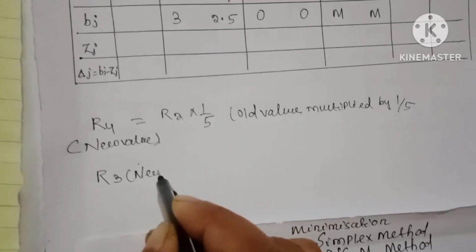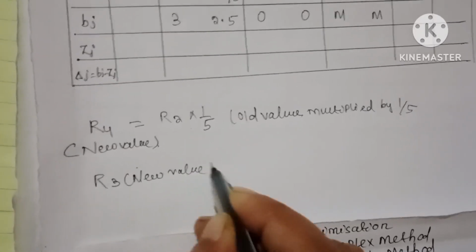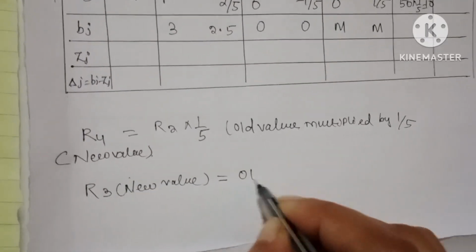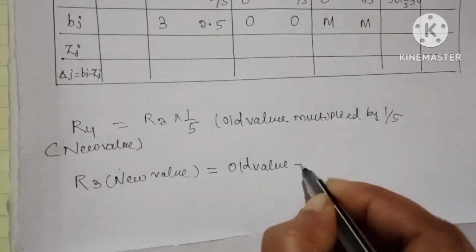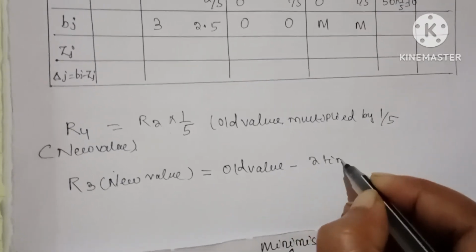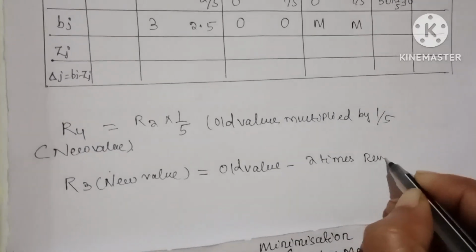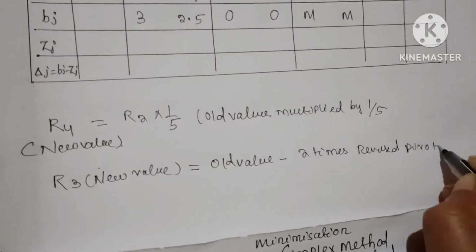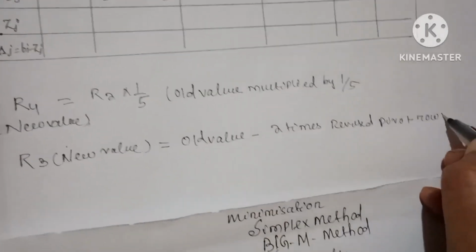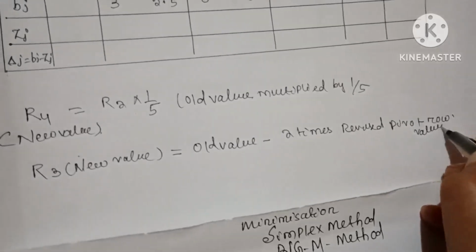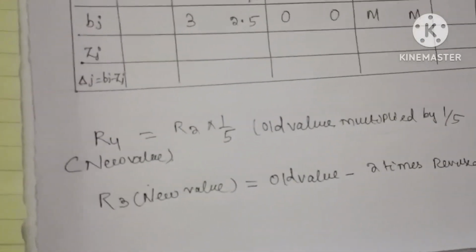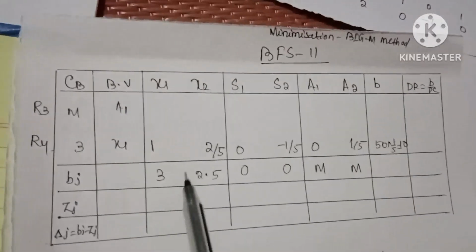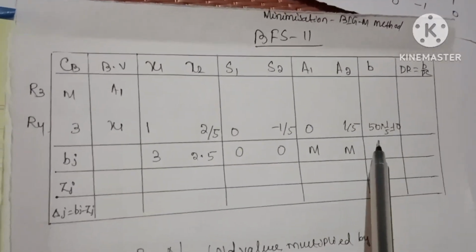Here the formula is new value equal to old value minus 2 times the revised pivot row value.